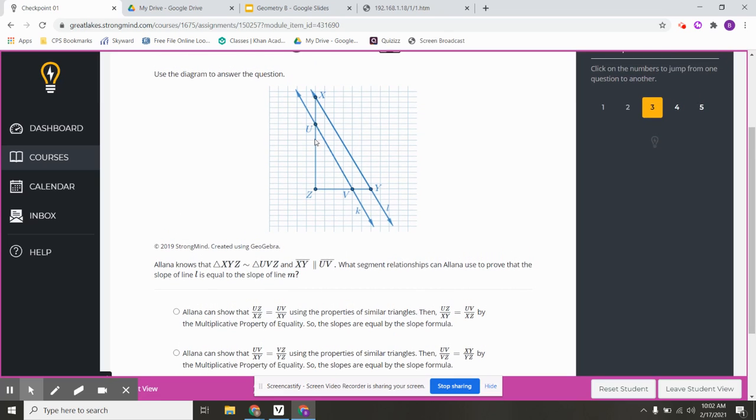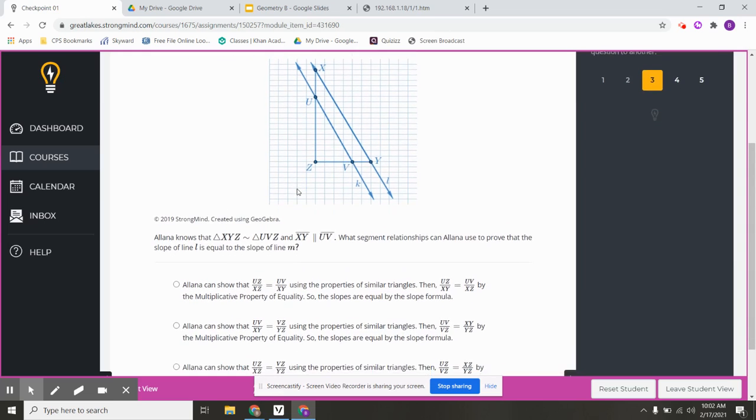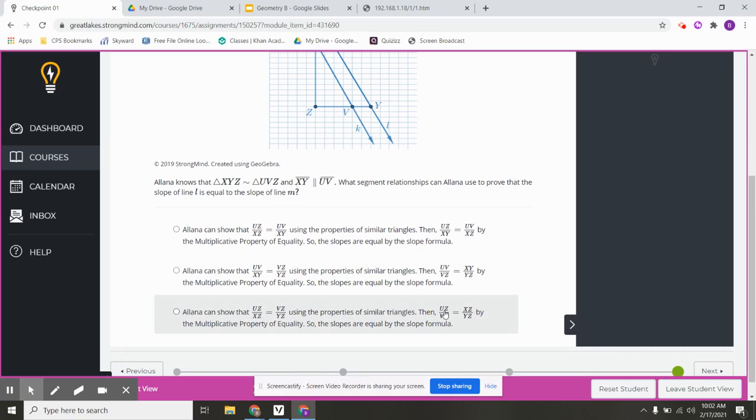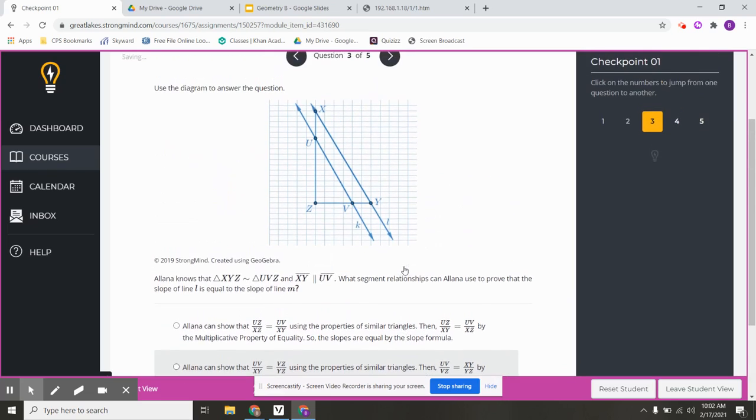Line L would be XZ over YZ, and the other one would be UZ over VZ. So let's see, X, so there's Z's. They all have Z's, so it has to be this one right here.